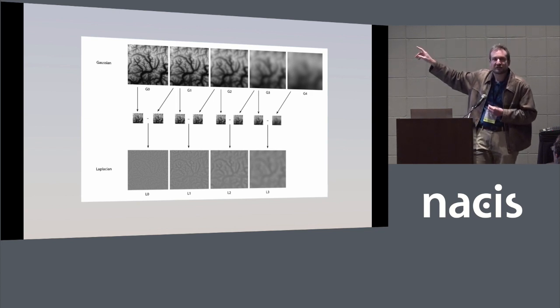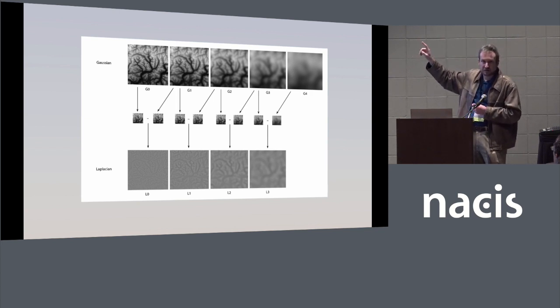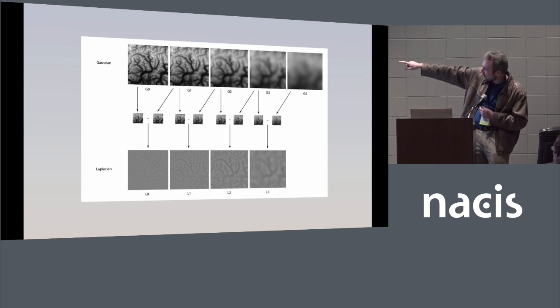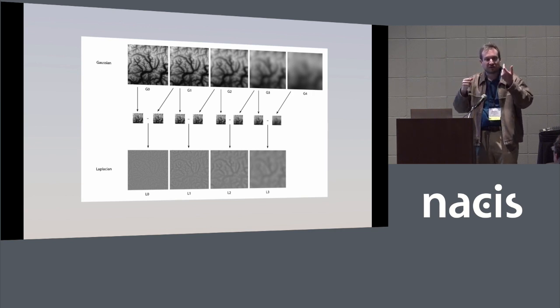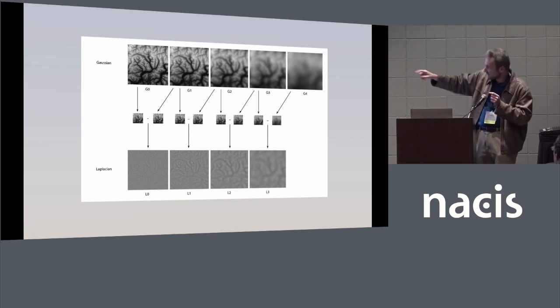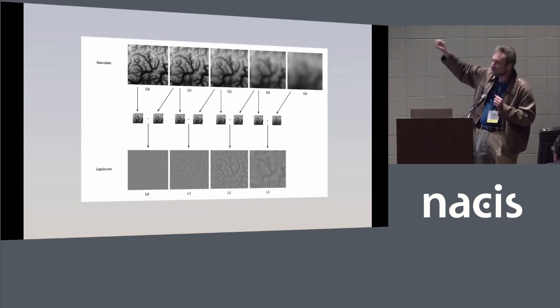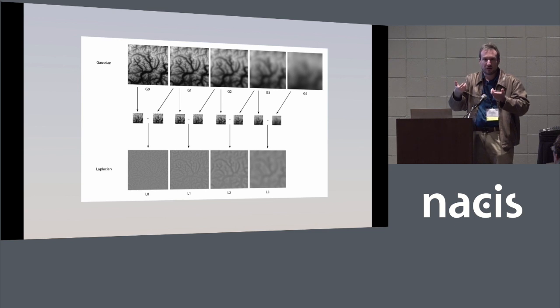You take the difference between each successive set of those Gaussian filters, and what that gives you in the bottom row there is the contribution that each scale of detail makes to the original DEM. If you sum all those back together, you get the original DEM, which means that you can do a weighted sum.